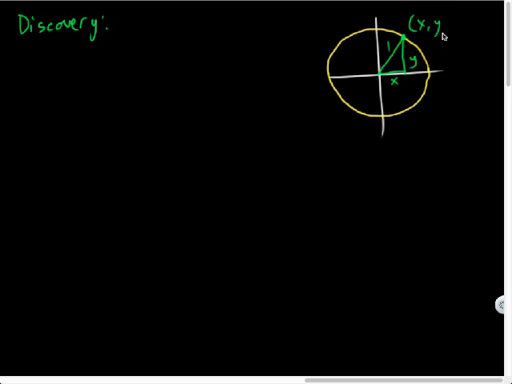All sorts of good stuff. Now, what would the Pythagorean Theorem say about this triangle? x squared plus y squared equals 1. 1 squared, technically, or just 1. And this is true by the Pythagorean Theorem.